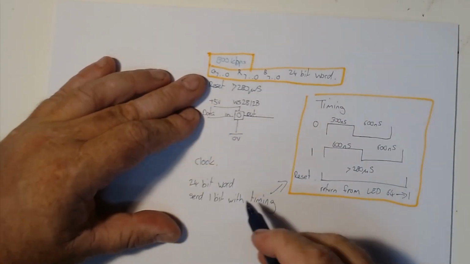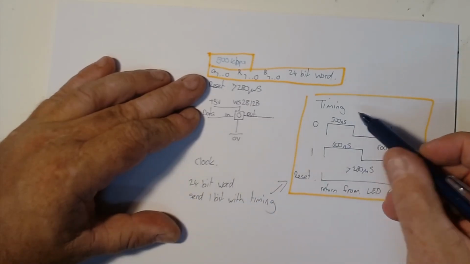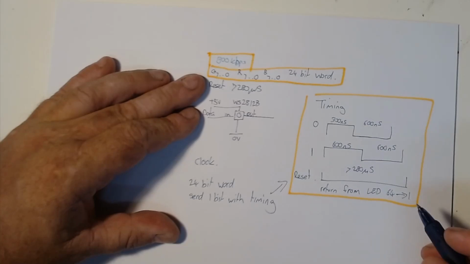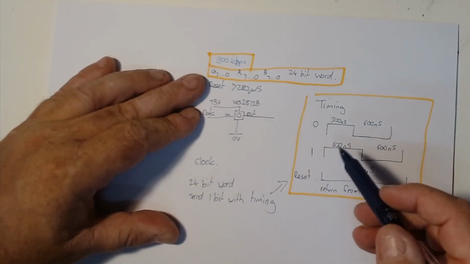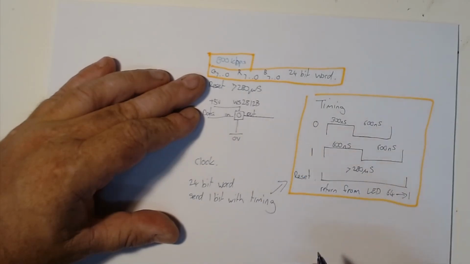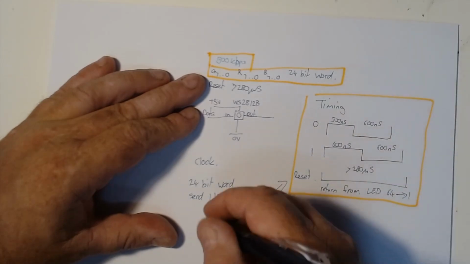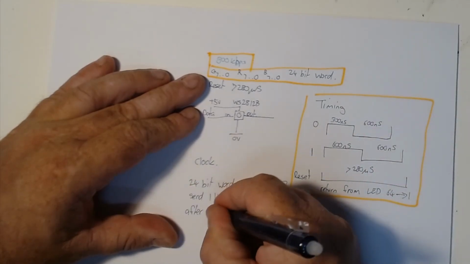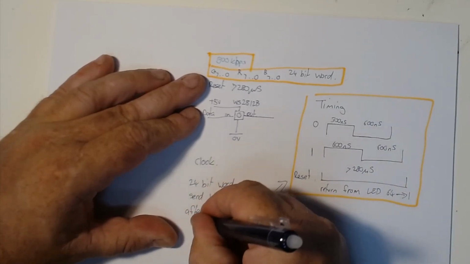So we need a method that will take each bit one at a time and send the high pulse and the low pulse, and then come back and get the next bit, repeat high pulse, low pulse, and do that for all 24 bits, keeping a track of which one it's up to, and then move on to the next LED. So after 24 bits, repeat for next LED.